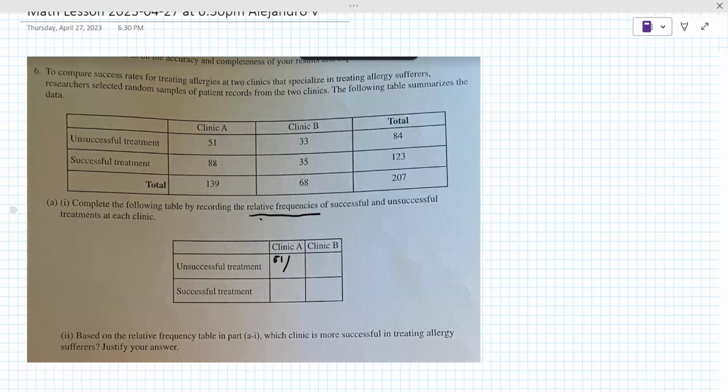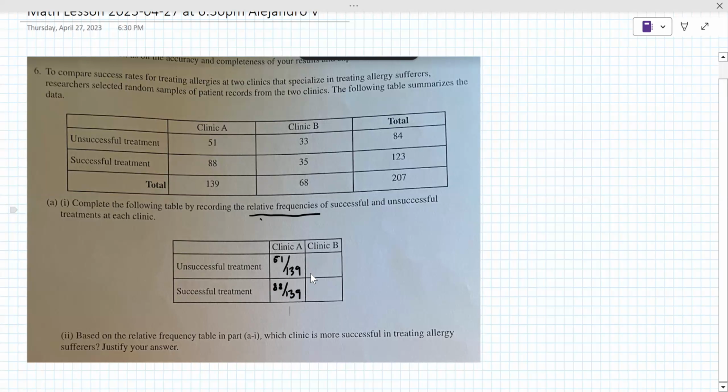Let me rephrase this: 51 out of 139 people that went to Clinic A were unsuccessful. Does that make sense? But 88 out of 139 were successful. So if you're just looking at Clinic A and want to know whether you're going to be successful or unsuccessful, this is what you're trying to decide.